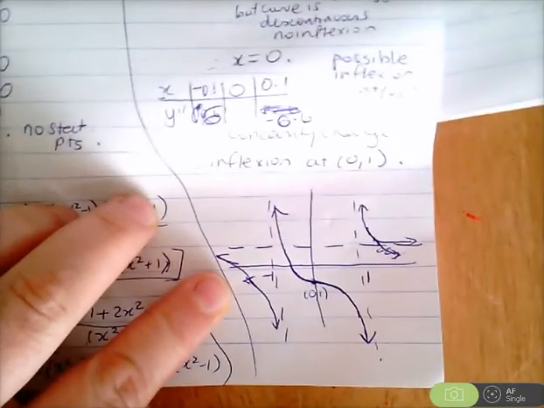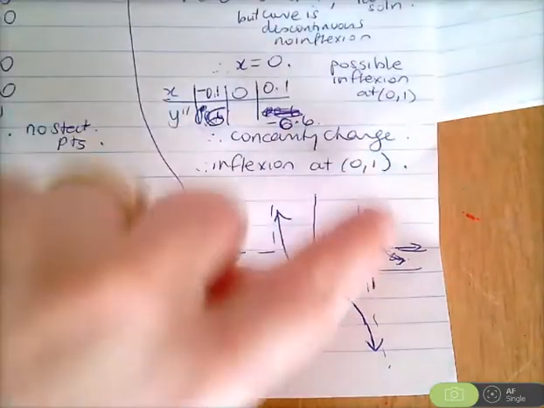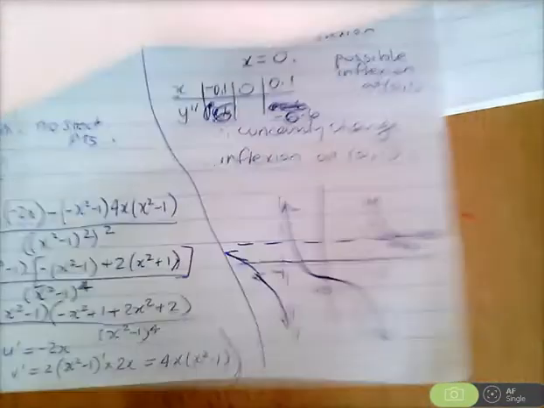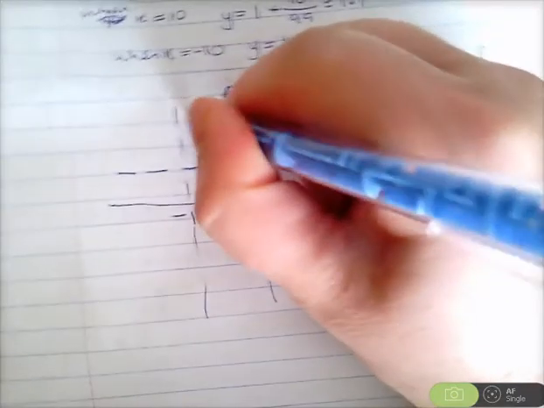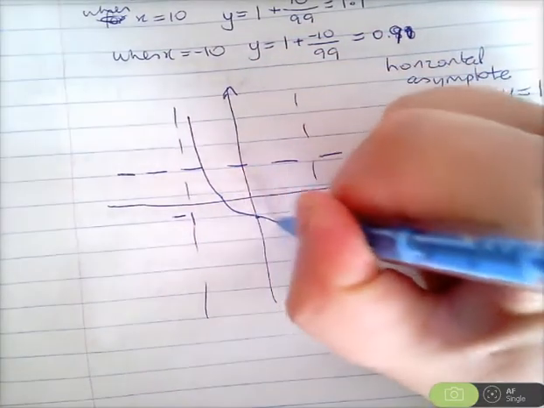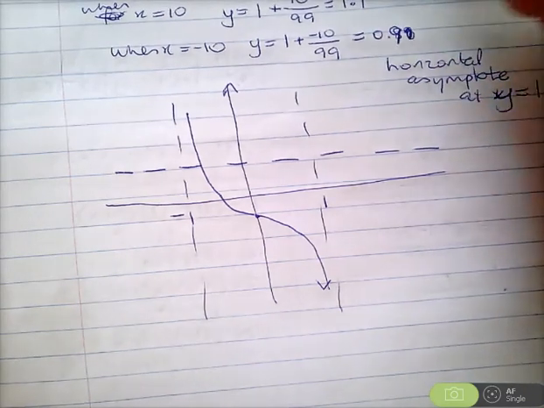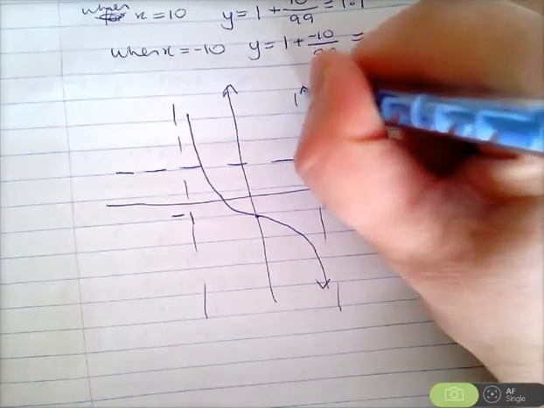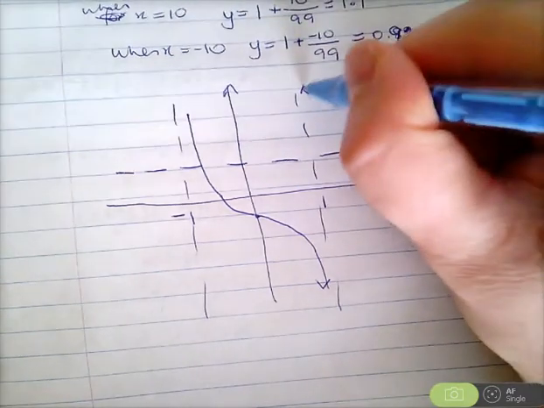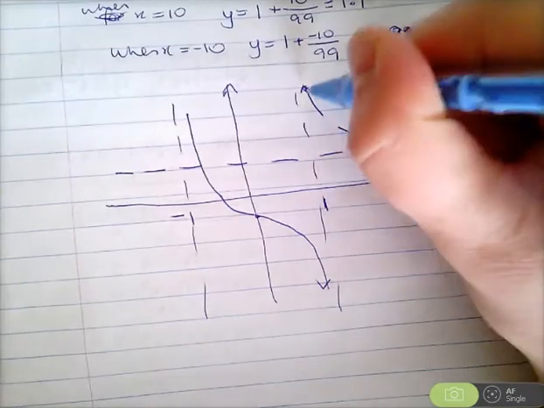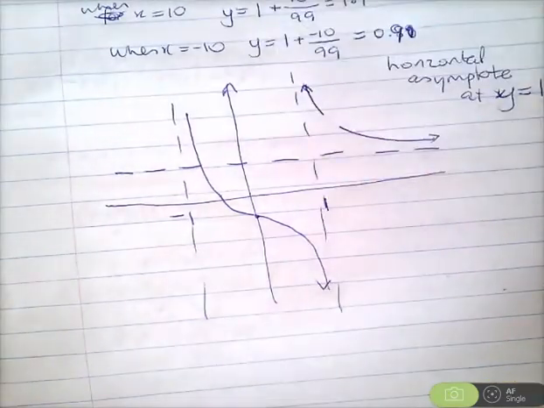So this is what we'd drawn before, so we're just going to draw that again. But now we know that we've got the asymptote at y is 1. So our curve goes like this, and then like this. Now, we know that when x is 10, it's approaching 1 from above, and when x was, say, 1.1, we had a fairly high value for y.